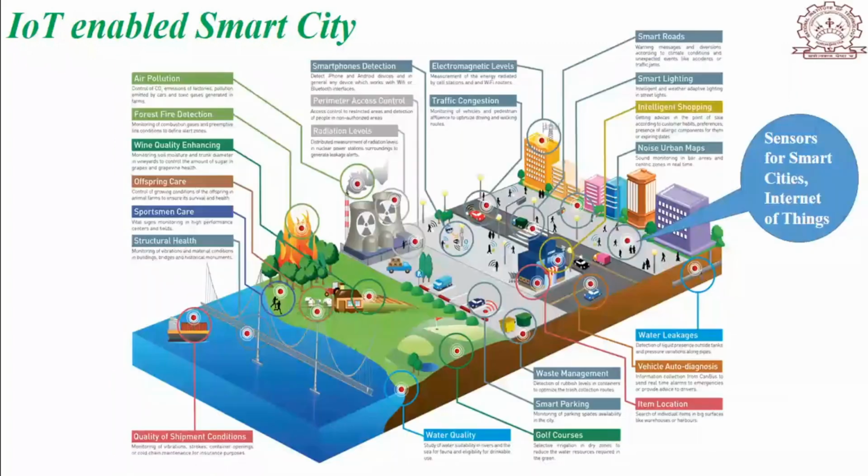There will be monitoring of air pollution, and forest fire detection will be there. Everything will be connected from the sensors, and sensors will give you the data. Accordingly, smart lighting and a traffic lighting system will also be there. For example, during the night time, all the traffic lights are on.